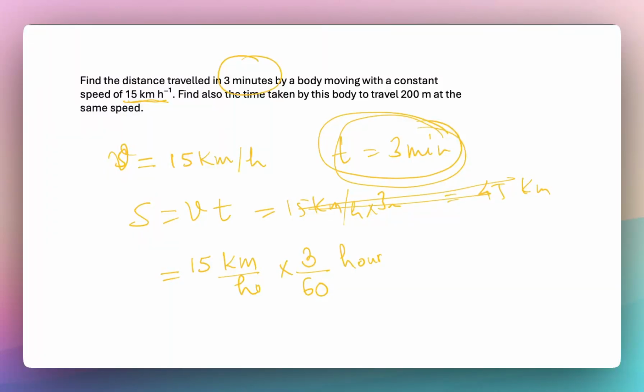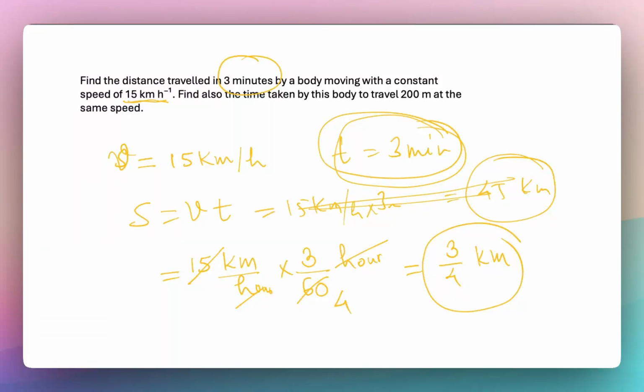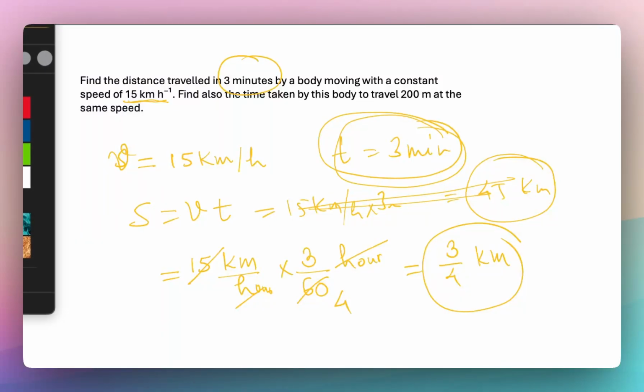Now you can see here that this hour actually cancels, and what we have is 15 divided by 4. So this is going to be 3 by 4 kilometers. And that is going to be the correct answer, not 45 kilometers. So we have to ensure that all the three things which you are going to put here are in exactly the same units, right?